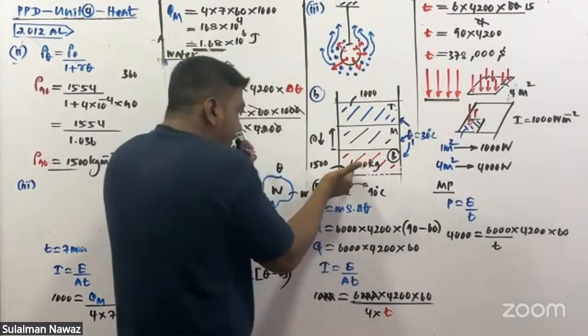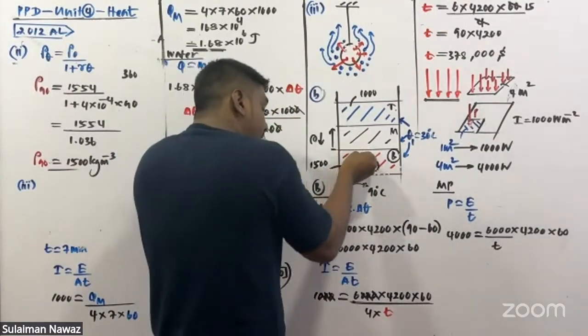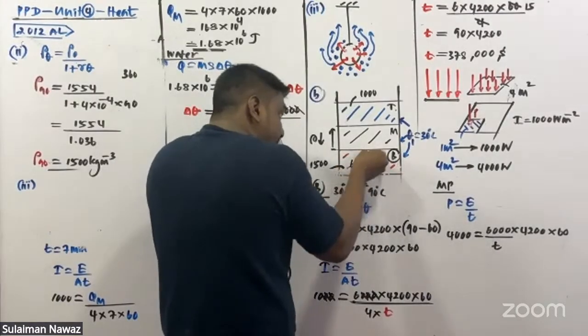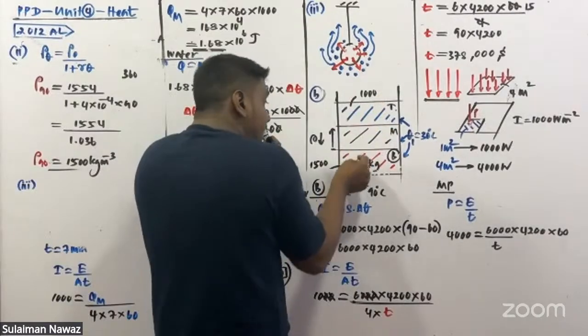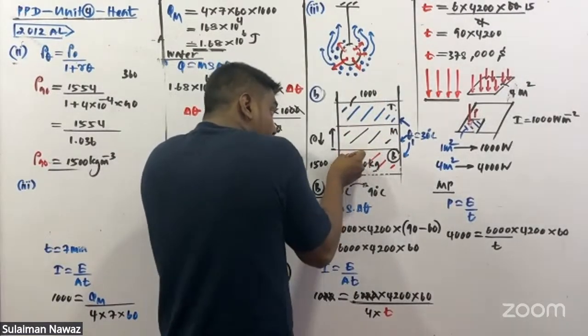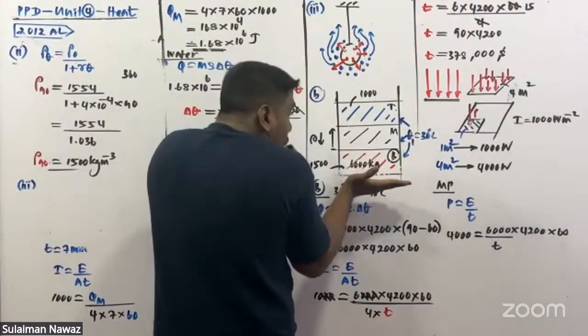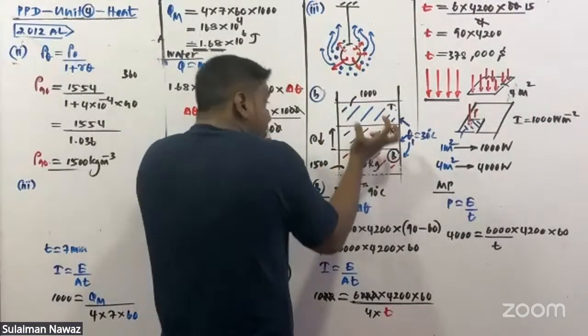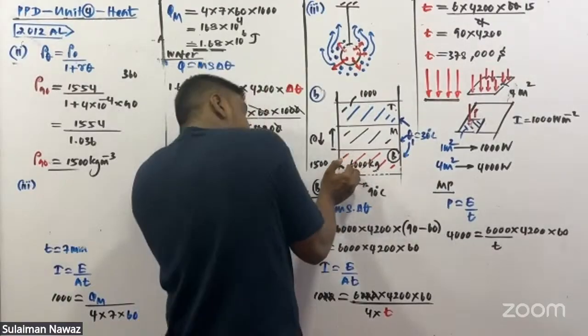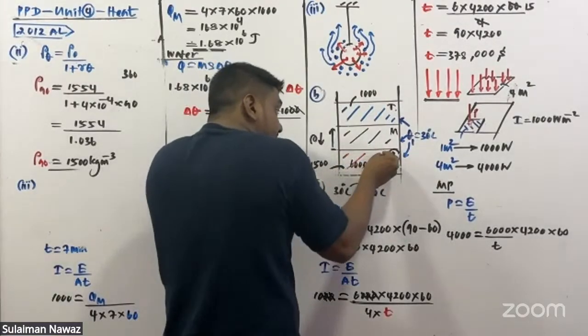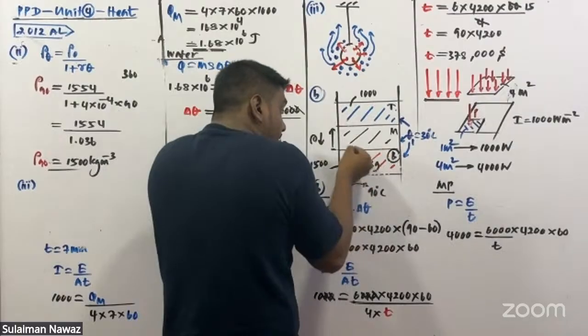But in here we noticed, is it possible for the bottom water particles to go upwards as a convection current? Can't. Why? Even though the temperature is 90, the density of the bottom water particle is still 1500.